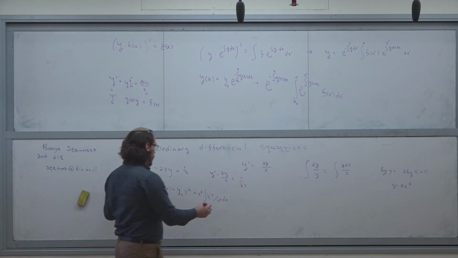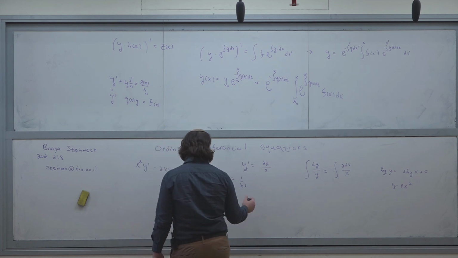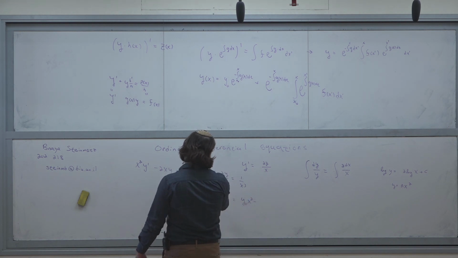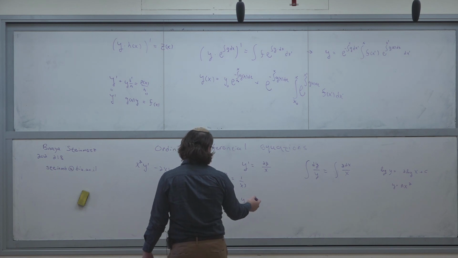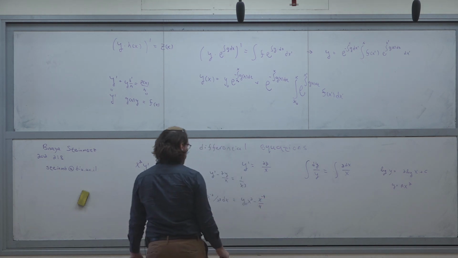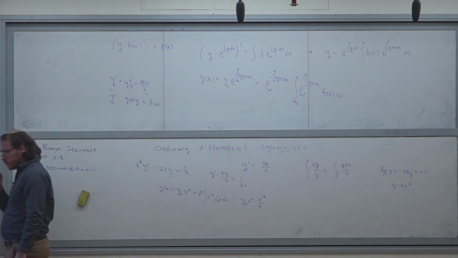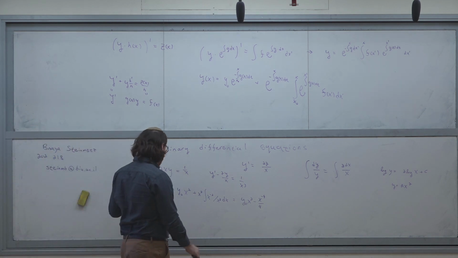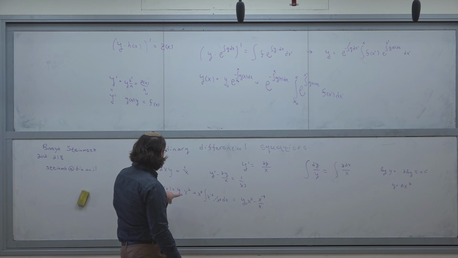And this is just minus 5 minus x 4 over, and of course I shouldn't be so quick to.